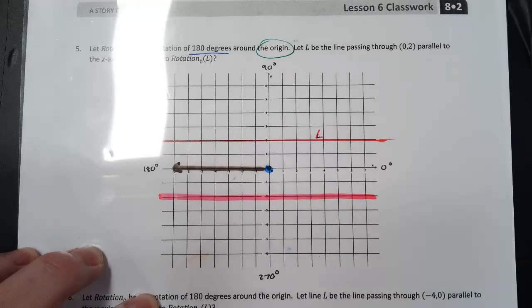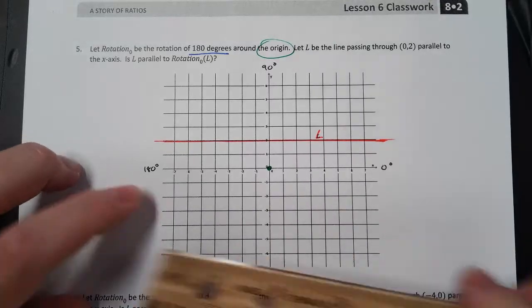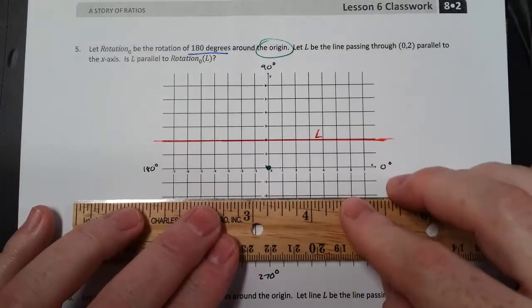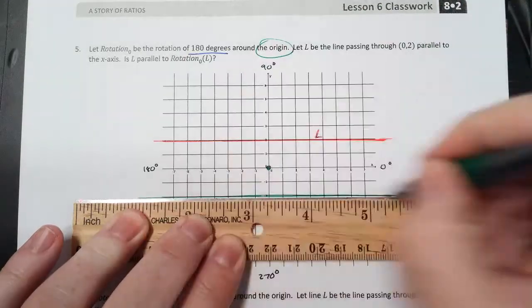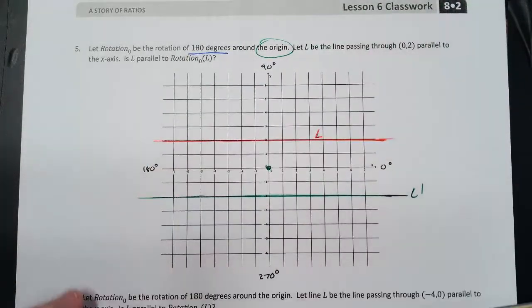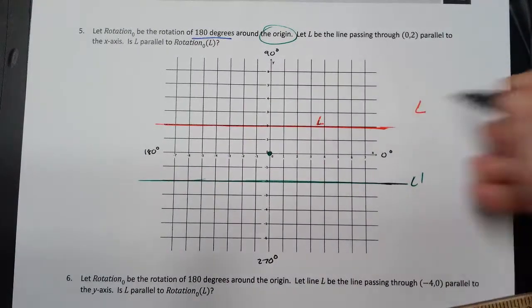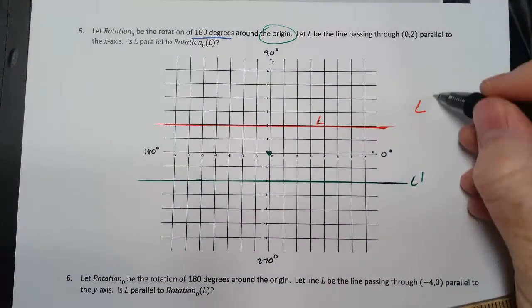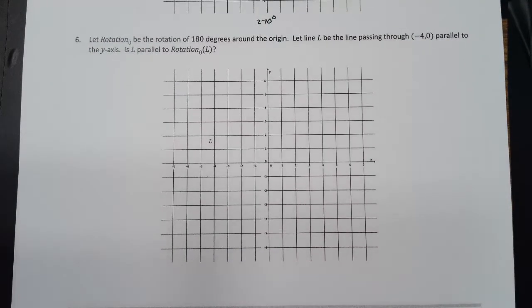So the new line is going to be right here. That's L prime. And again, L is parallel to L prime. We made parallel lines. Try number 6 on your own.